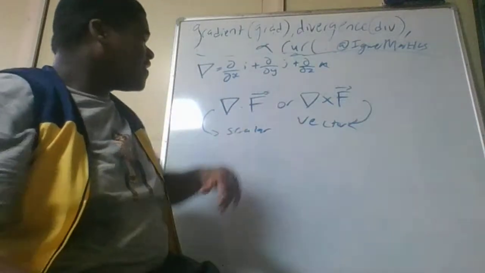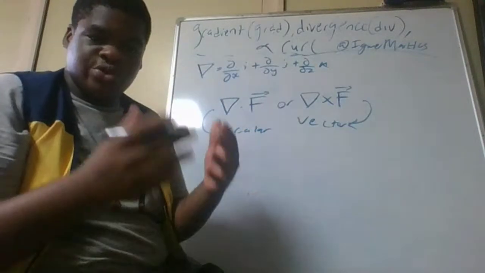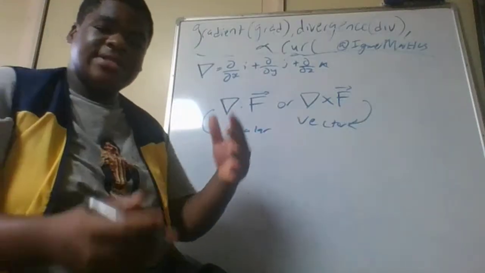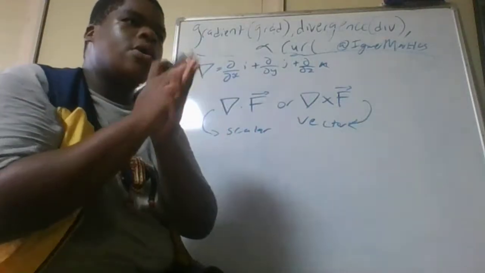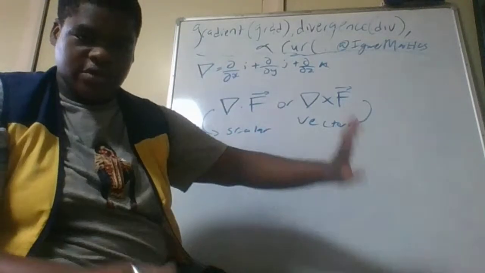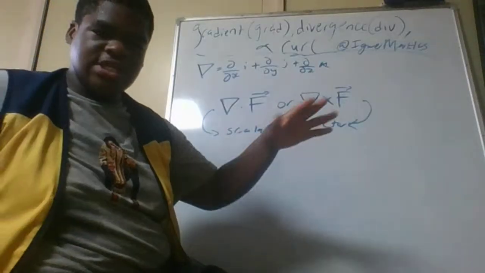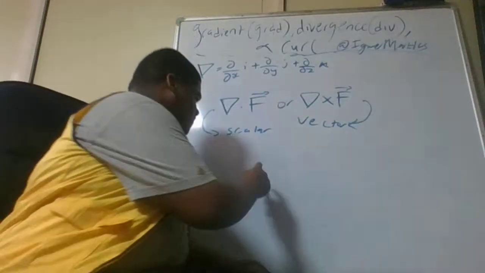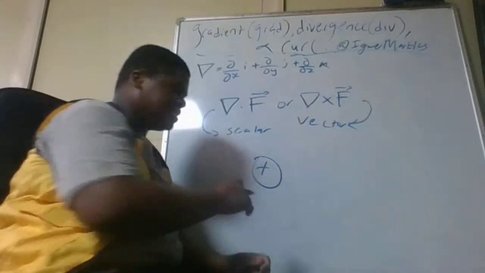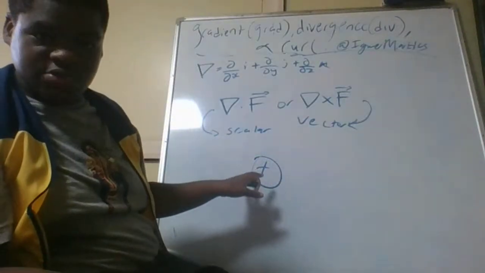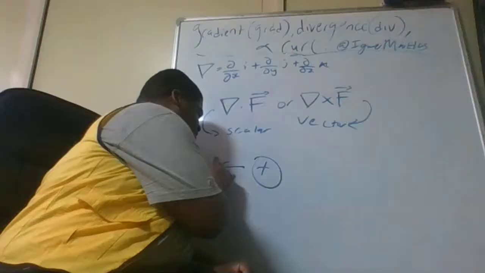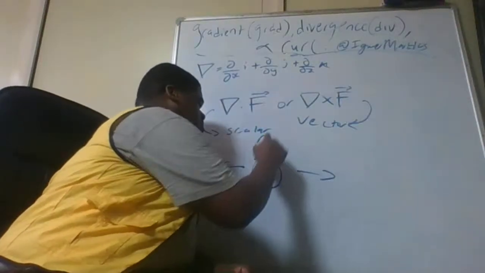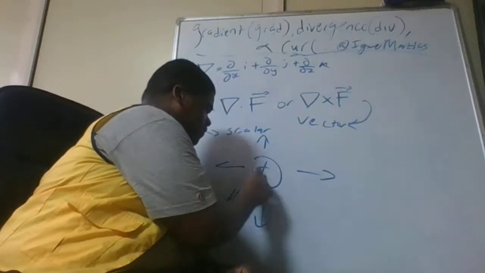Okay, now let's find out about the cross product. What does the cross product represent? The cross product represents the curl. Now, let me just give an example for the divergence. Apart from things moving away or moving inside, you can also have the divergence of a function. Let's say you have a plus here, for protons.